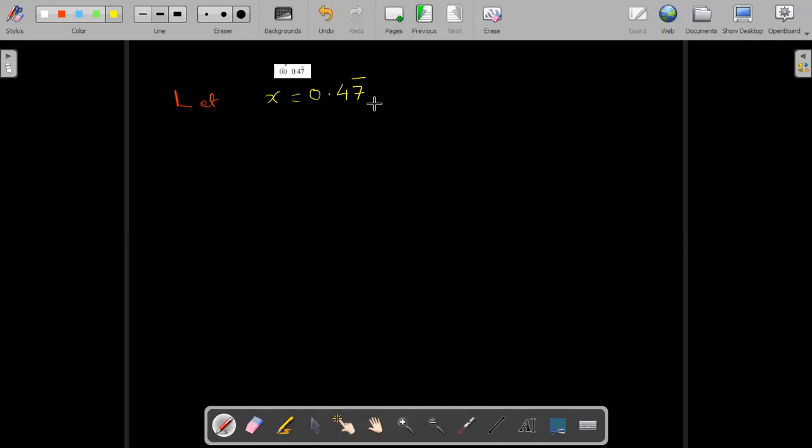So for this one, we will multiply by 10 to bring this decimal. We can write it as 0.4777 and so on.